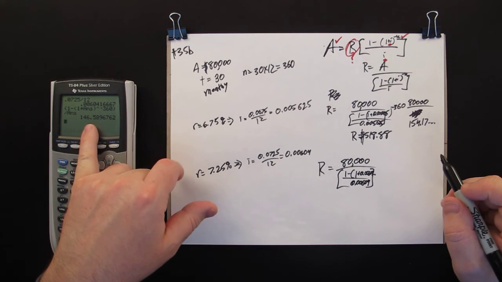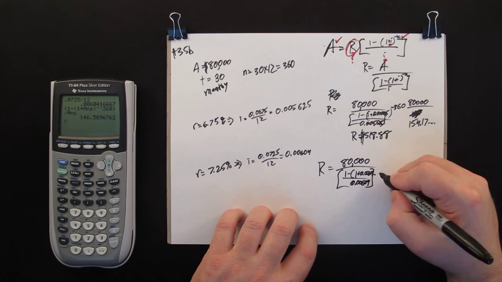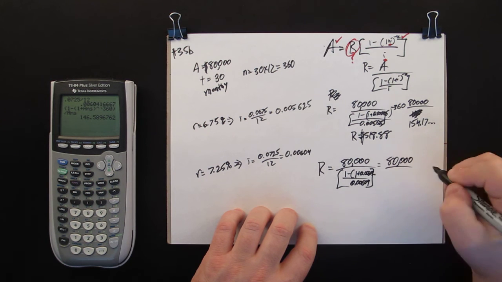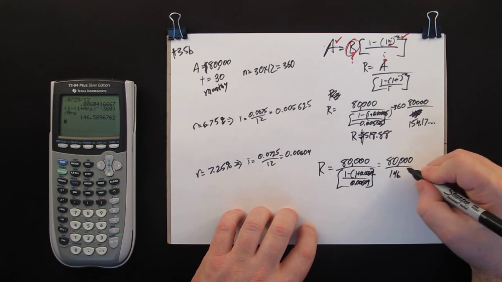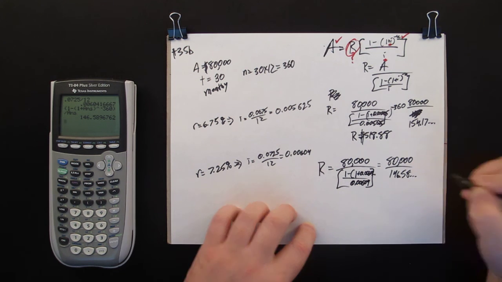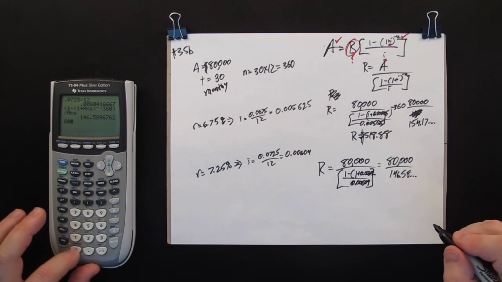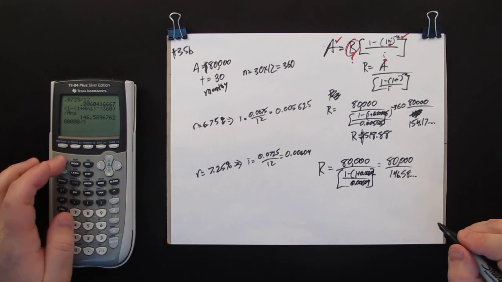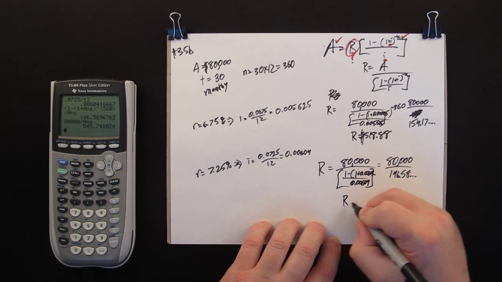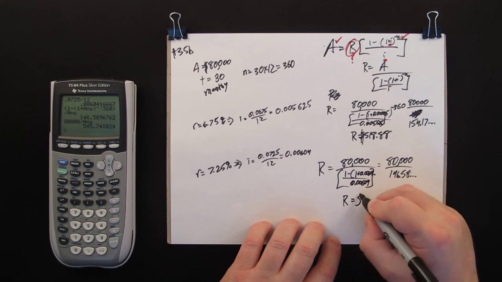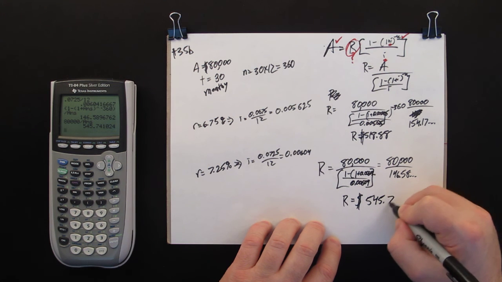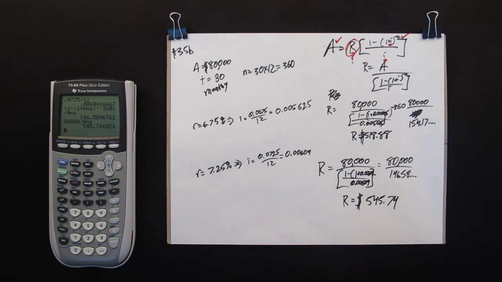So this is 146.58. And now divide 80,000 by that. And this time the payment is $545.74.